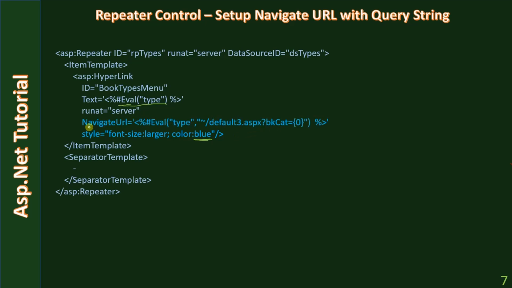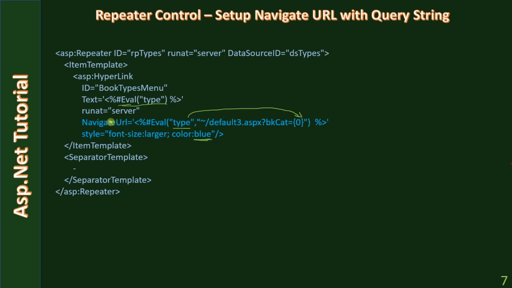Next, here we are giving the navigate URL. This time we are using an evaluate with two parameters. The first one is type, which tells that we are evaluating the type, and we are substituting that type here in the placeholder in the second parameter.